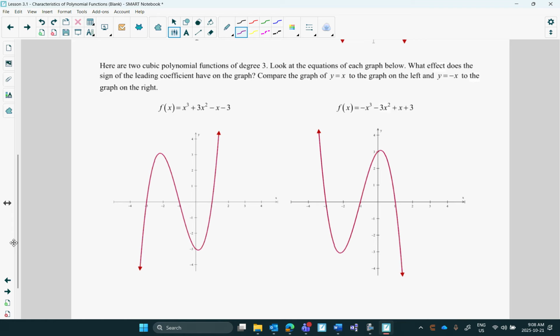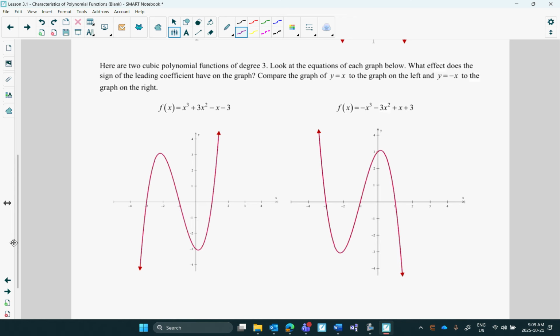If it's positive, the right side will always go up, doesn't matter whether it's odd or even. But on the left side, it will go up if it's even and positive, but it will go down if it's even and negative.